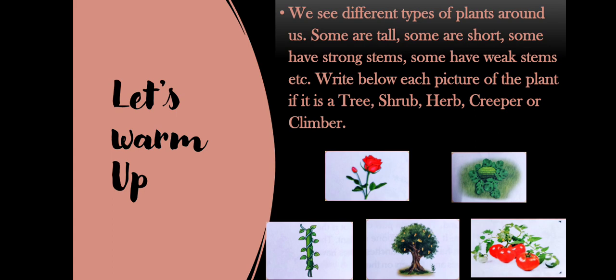When we read this chapter, we will be able to know which type of plant is given here, because there are many categories of plants such as tree, shrub, herb, creeper or climber. Now let's start the chapter.